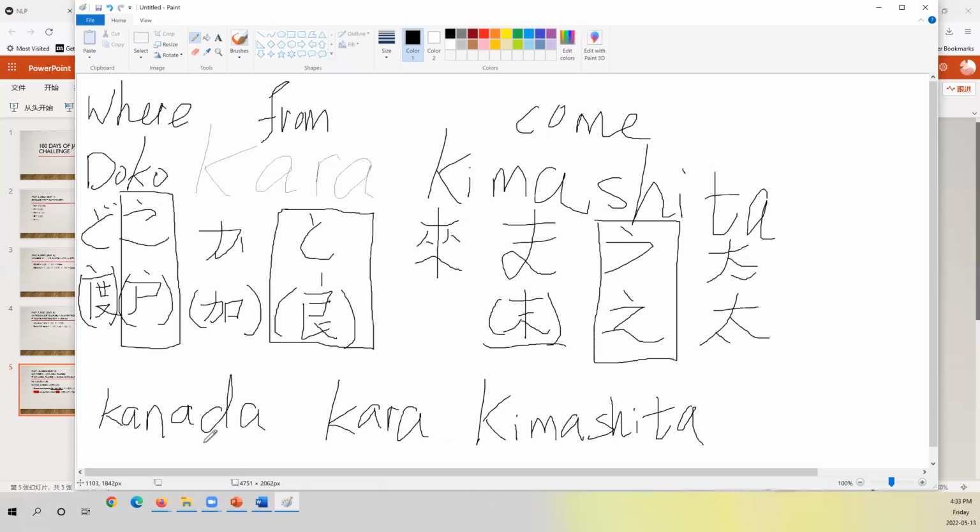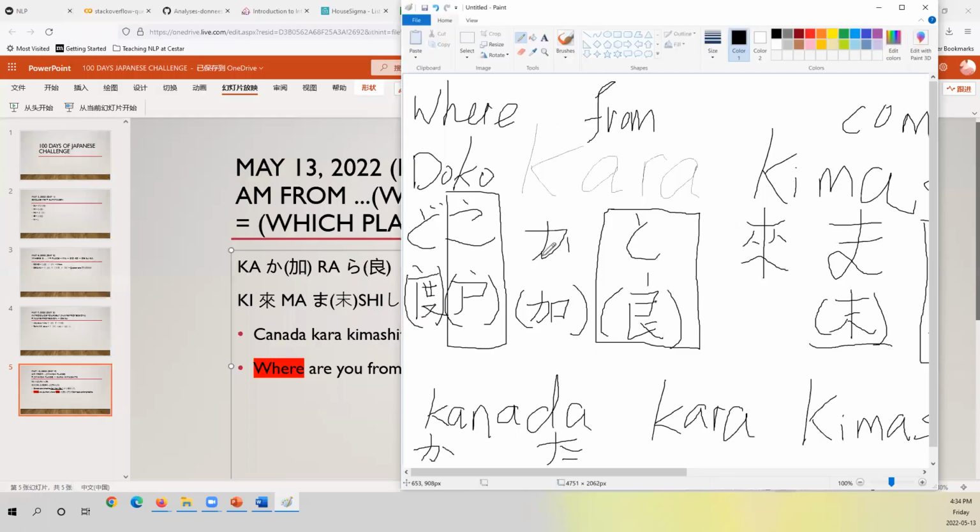Okay, so Canada. This hiragana pronunciation is this. Na, I don't actually remember the na one. Okay, let's check. So ga, we got it right. Okay, let's do this thing. We got it right. And this one, oh, see, this one is wrong.